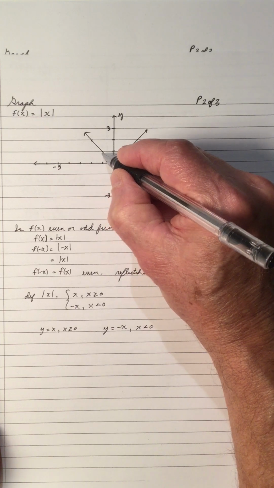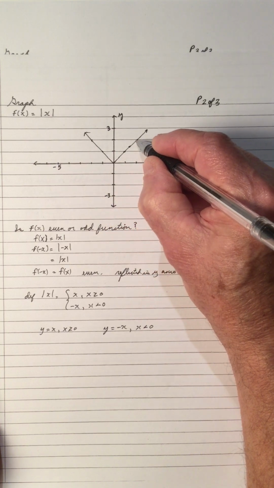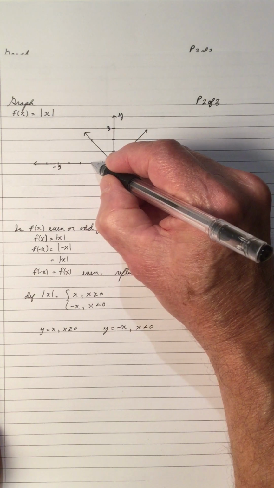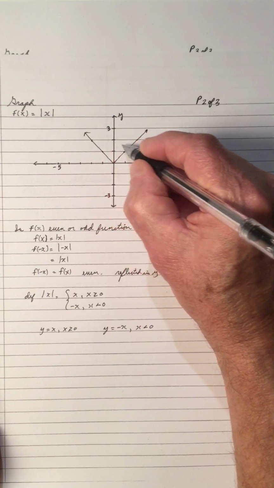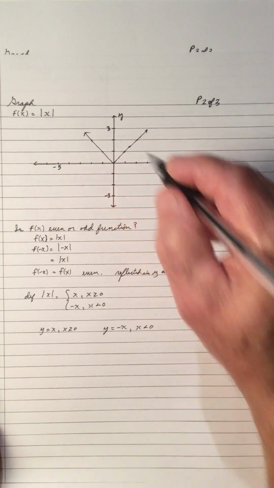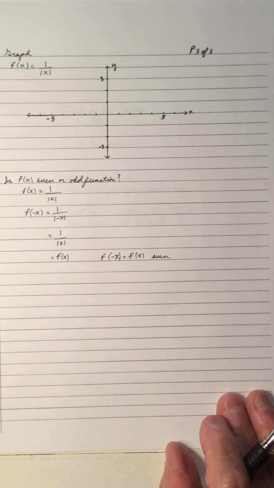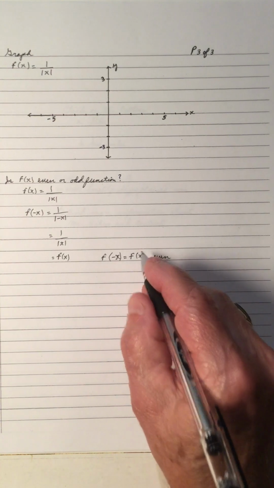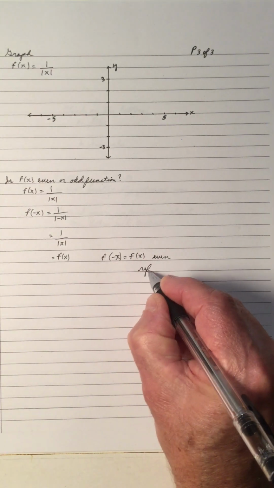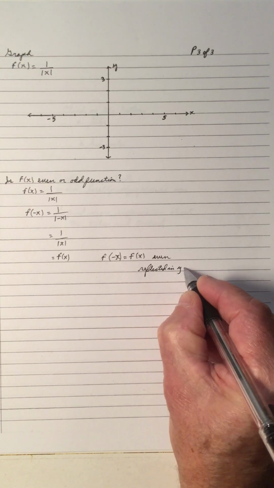This one is negative 1, 1. And this one here is 2, 2. So this one here is negative 2, 2. So all the ordered pairs here are reflected in the y-axis. Just want to mention that. When a function is even, it's reflected in the y-axis. So again, this is even, so this function is reflected in the y-axis.